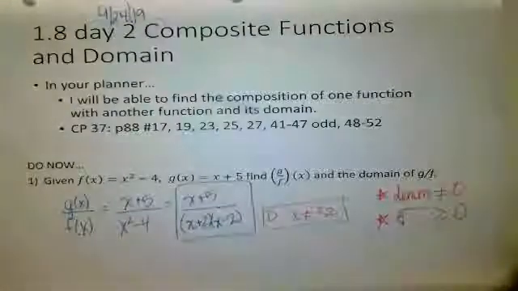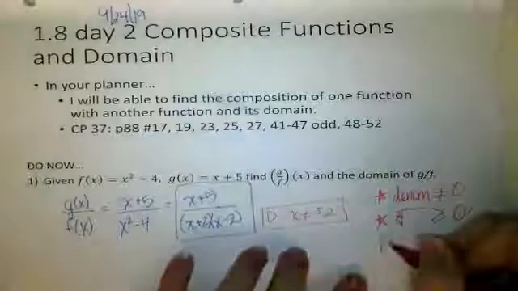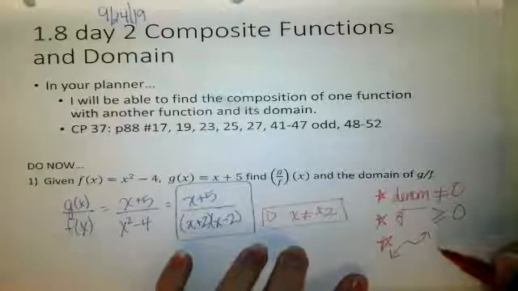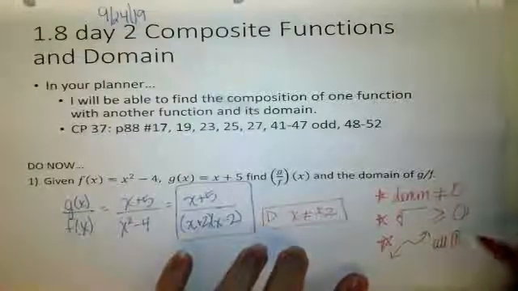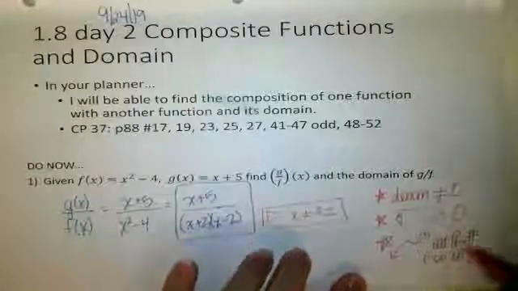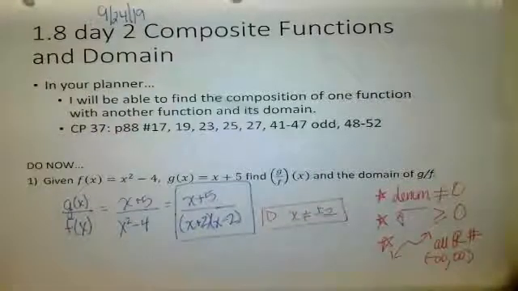So these are our two things that we have to look out for in terms of domain. Otherwise, most things have a domain of all real numbers or negative infinity to positive infinity. So everything else you can look at the graph of. In fact, you can look at the graph of all of them to see the domain, okay?